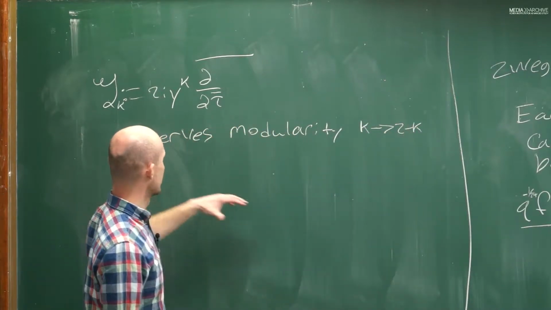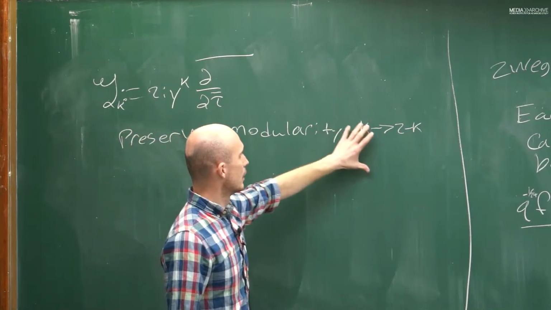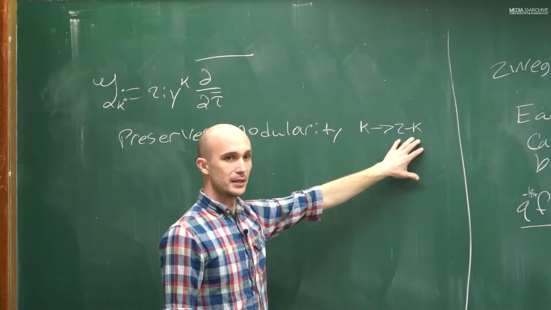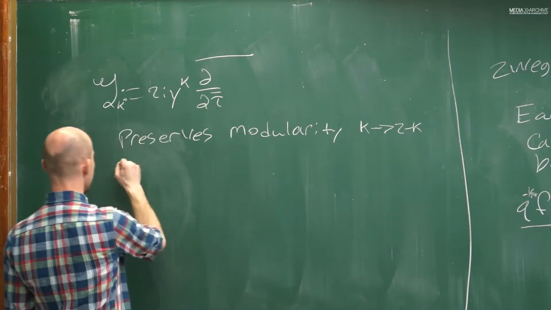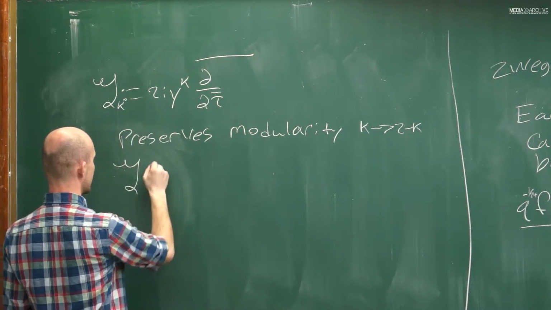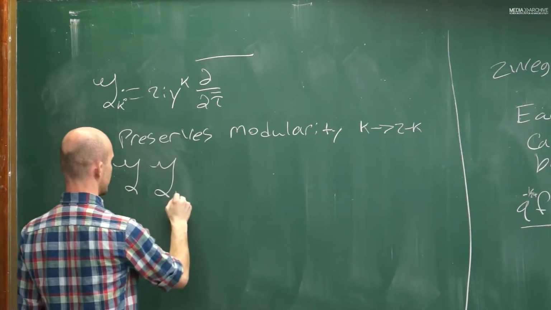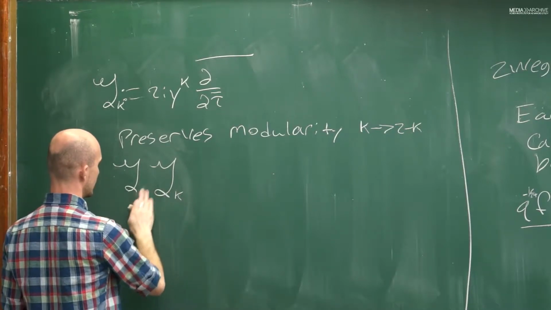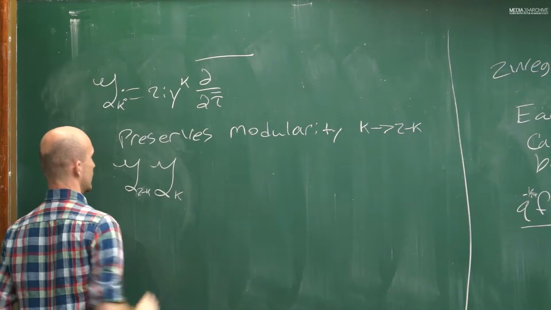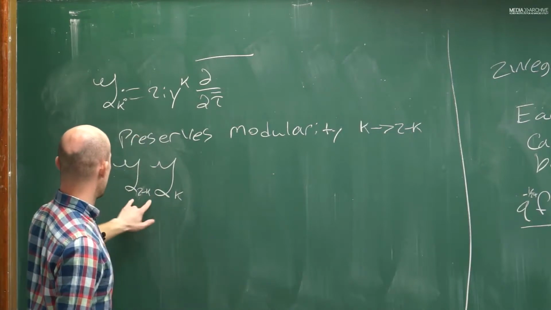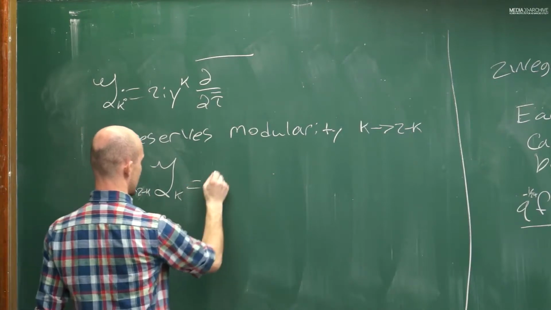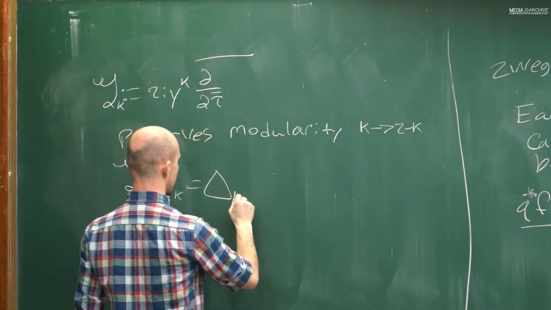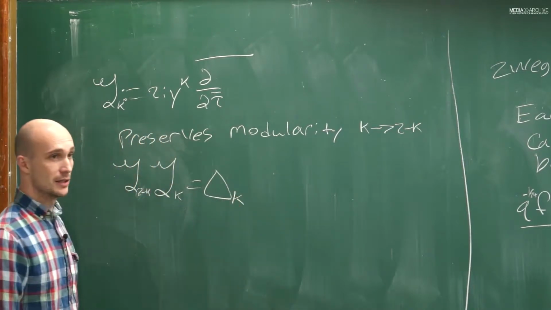So a harmonic Maass form of weight k will be sent to a Maass form of weight 2 minus k. It also has this very nice property: if I do this twice, using xi k and xi 2 minus k, this is just the same thing as the hyperbolic Laplacian.